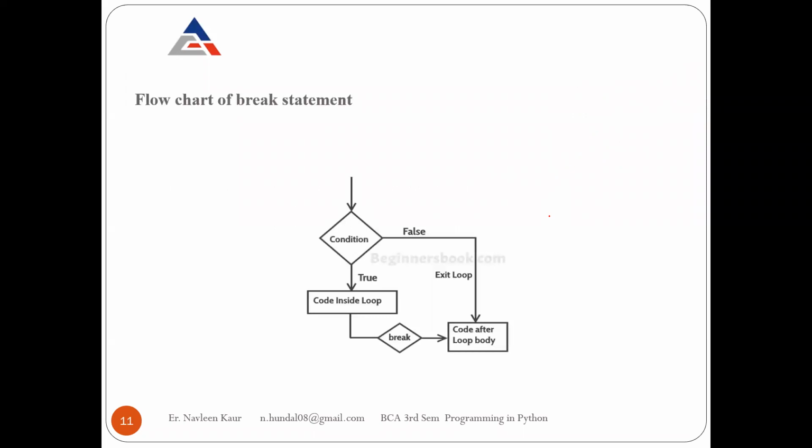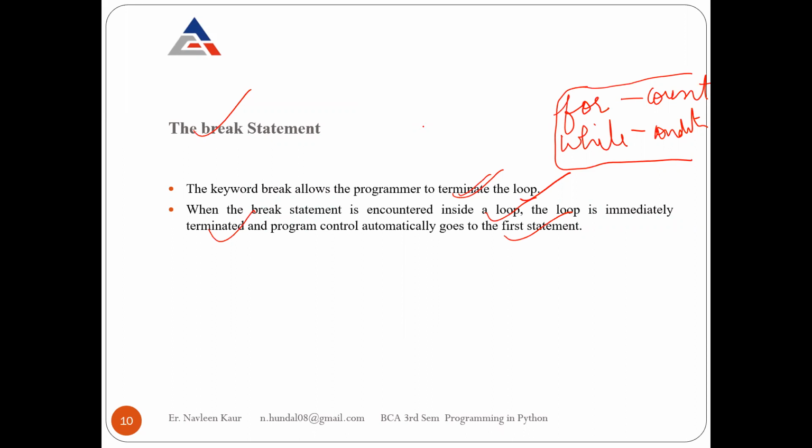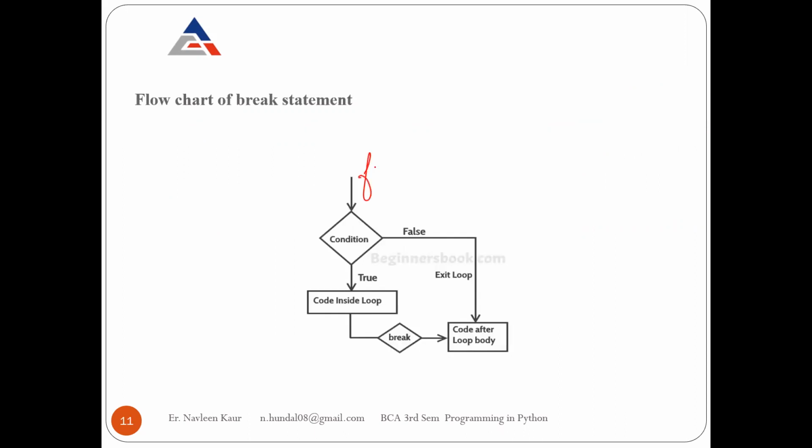Suppose we are working on loops, for example, a for loop or a while loop, and the condition of the while loop is there. The condition can either be true or false. If the condition is false, then automatically your loop will end, no one can stop it.